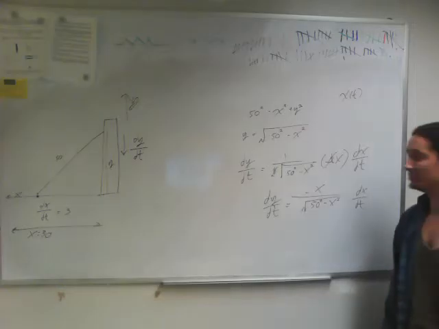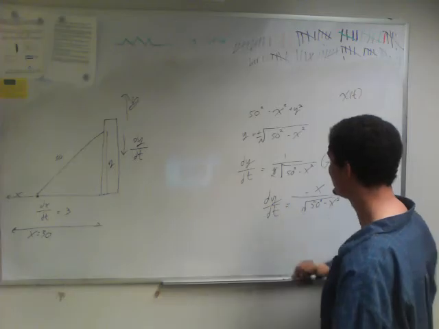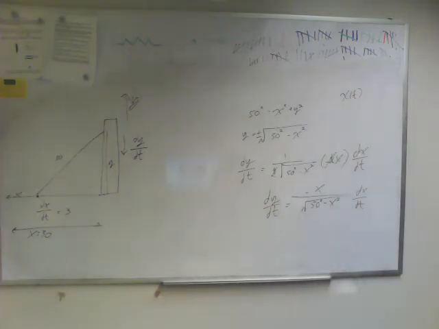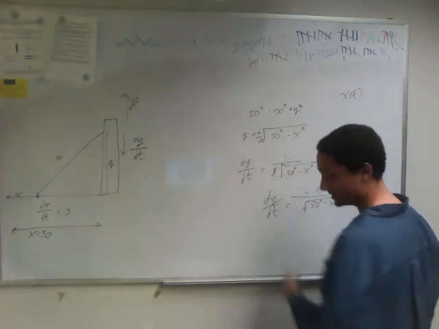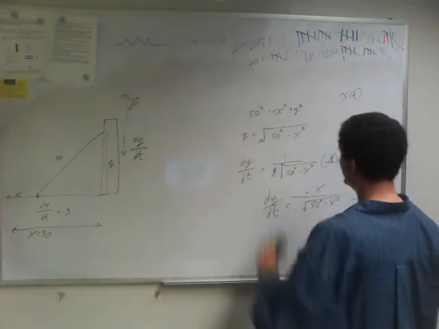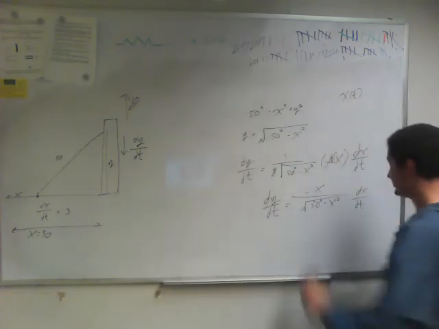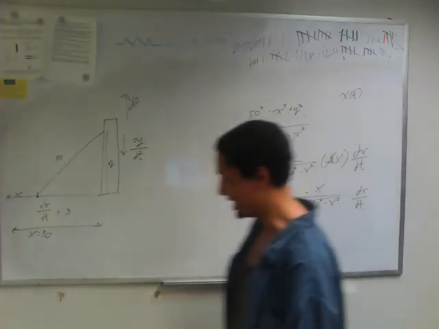And now keep in mind that when I did this here, y is really equal to plus or minus the square root, but because we're interpreting this as a length in this context, we're just going to ignore the negative solution. And so I just wanted to point that out in case anybody tried to object to that.